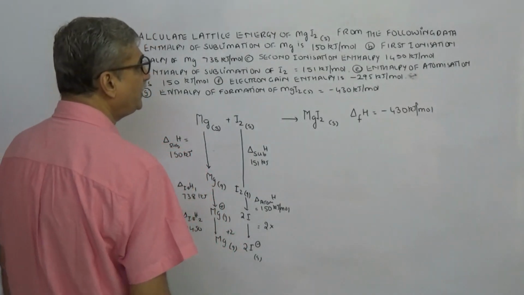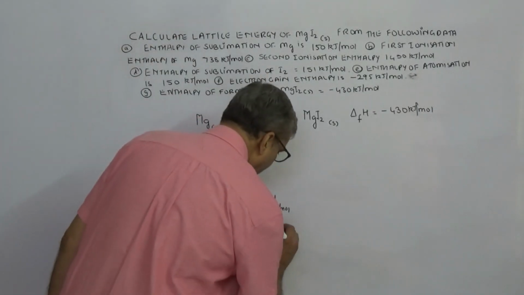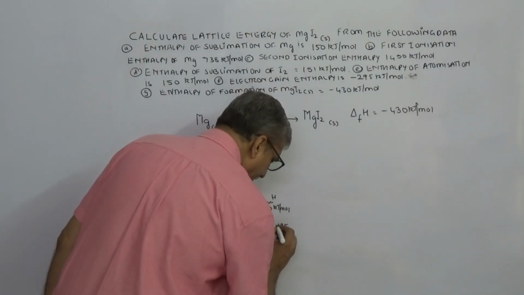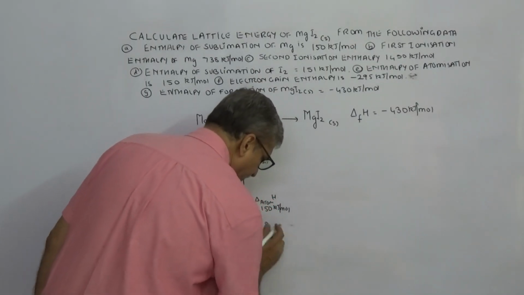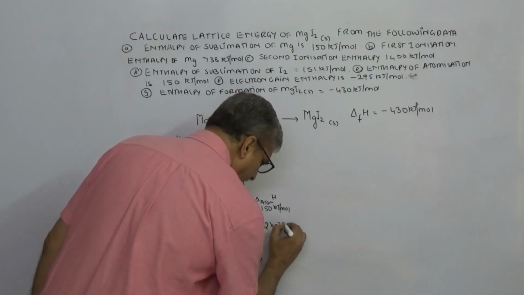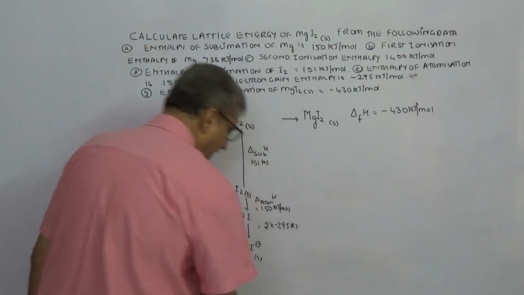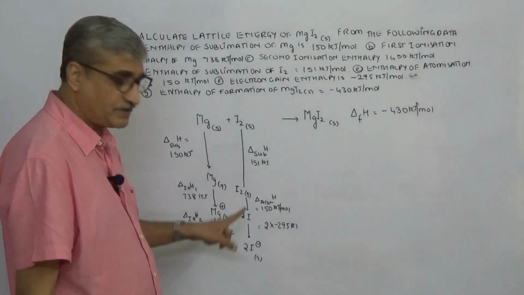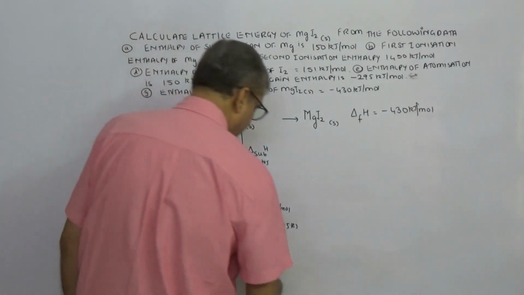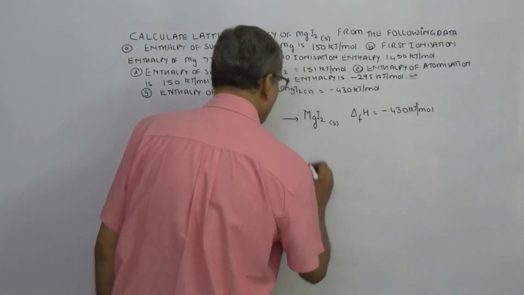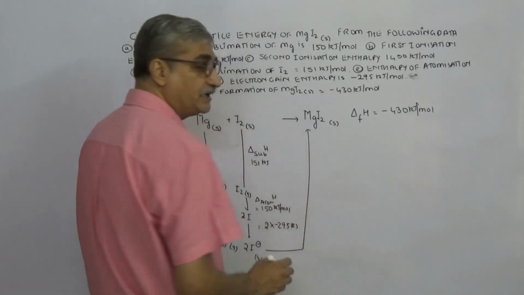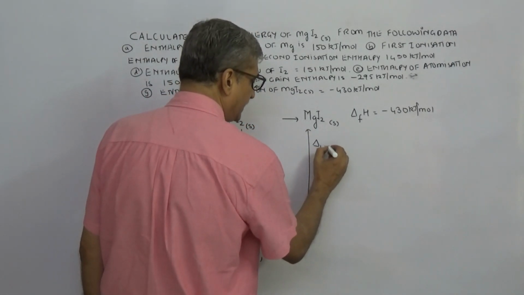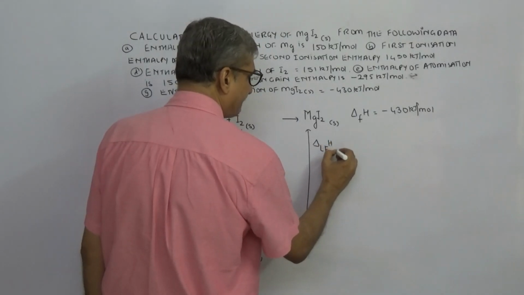So that will be 2 into minus 295 kilojoule. Now Mg plus 2 in the gaseous state plus iodide ion in the gaseous state forms magnesium iodide. This is delta lattice energy H.